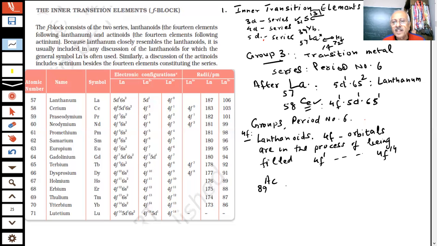And after actinium, you come to the next element, which is thorium. And from here you will see the process of 5f1, 6d1 or 2, and 7s2. So the 5f orbital starts being filled from thorium.